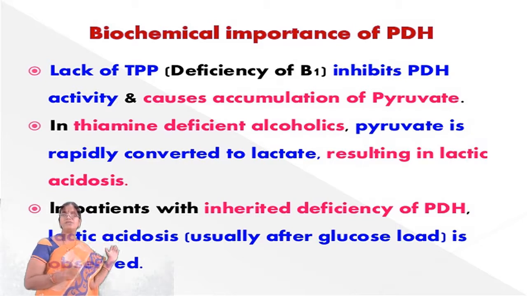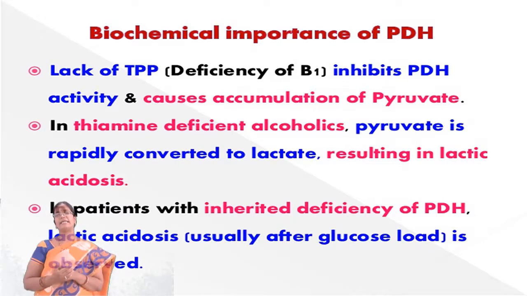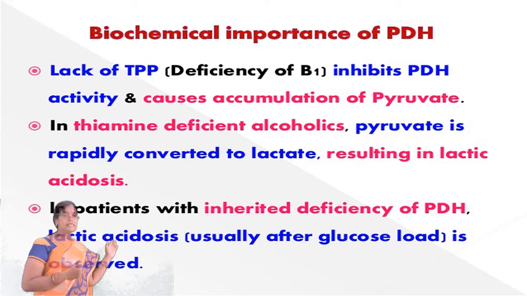In thiamine deficient alcoholics, pyruvate is rapidly converted to lactate, resulting in lactic acidosis. So, in thiamine deficient alcoholics, pyruvate is converted to lactate, which results in lactic acidosis. In patients with inherited deficiency of PDH, that means in patients with hereditary lack of PDH, it results in lactic acidosis.